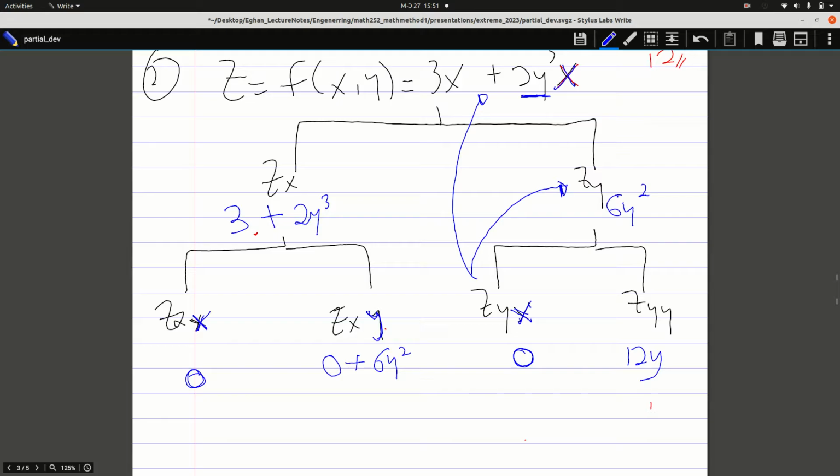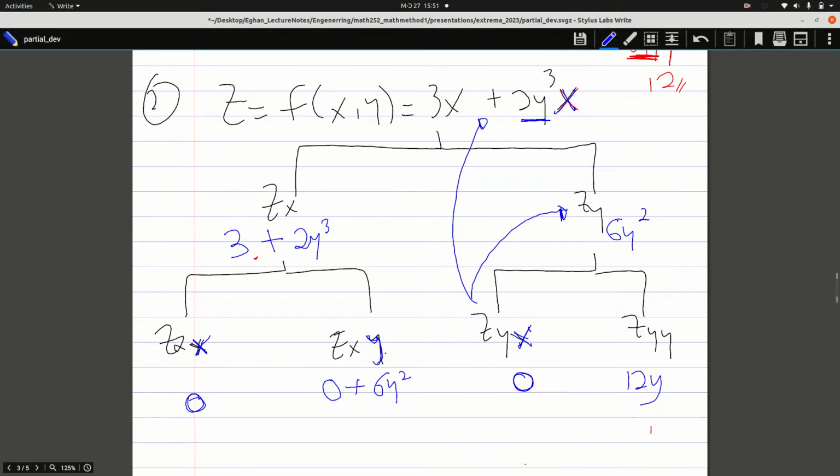My zy, if I'm differentiating with respect to y, I'm going to hold the x constant, so it means my x should still be here, and hence this is no more 0, but rather it's going to be 6y squared because I'm differentiating with respect to x. Let me take that again. Look at this term here, it is multiplying. If I'm differentiating with respect to x, it's as if I close my eye to this guy and differentiate the x. In the same way, if I'm differentiating with respect to y, it's as if I keep this x and now differentiate this guy with respect to y. So that is what we have there.